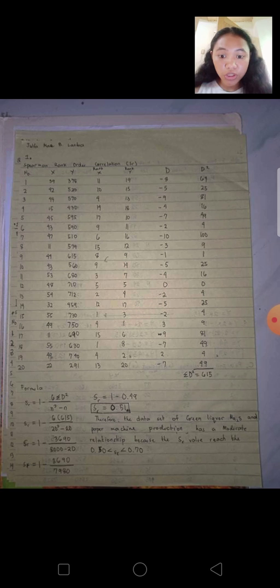The 6 is given. So, substituting, it becomes 1 minus 6 times the summation of d squared, which is 615, over the total population, 20 to the power of 3, minus the total population of 20.